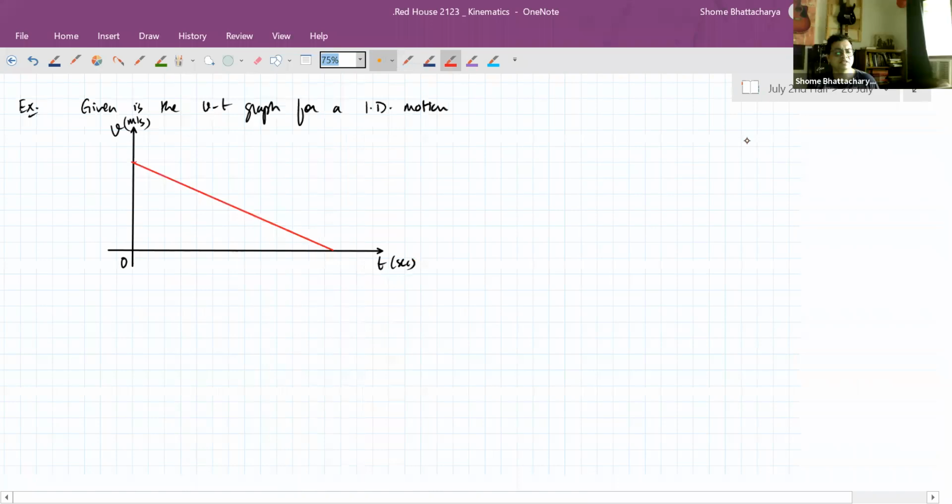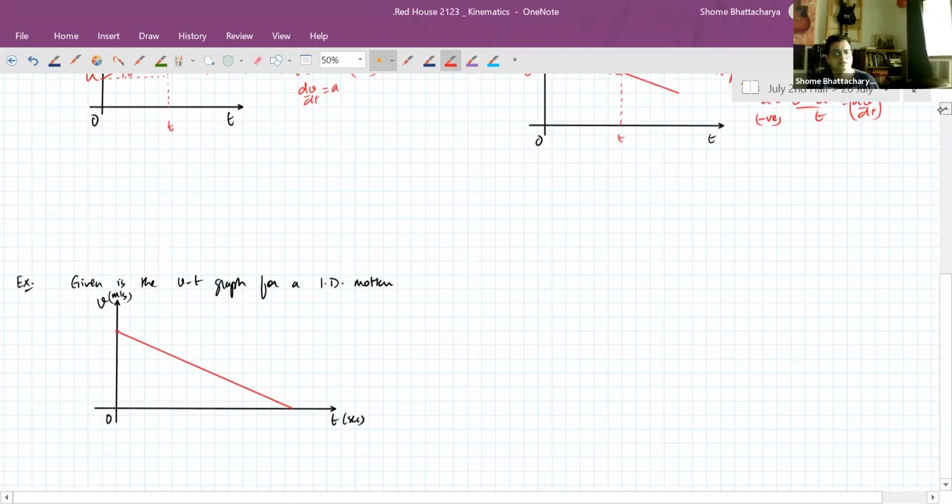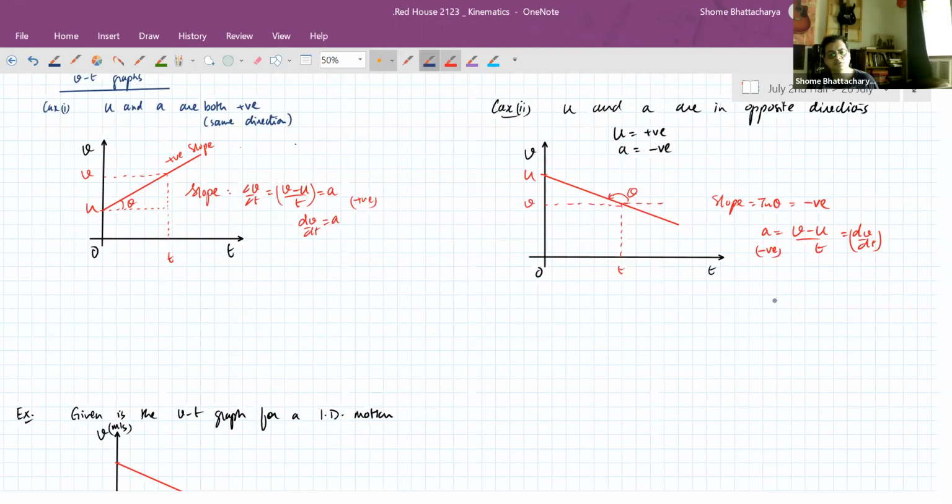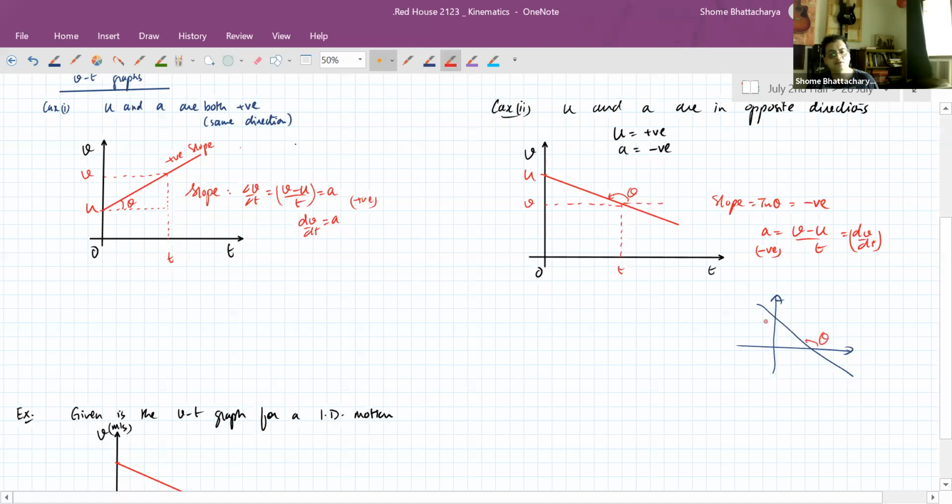Theta is the angle made with the x-axis. You know why you people are having confusion with this? Any straight line, whether it has a positive slope or a negative slope, whatever angle it makes with the x-axis, tan of that angle is called the slope. Tan theta is y2 minus y1 upon x2 minus x1. You have done this repeatedly in coordinate geometry, and we discussed this in calculus also many times.